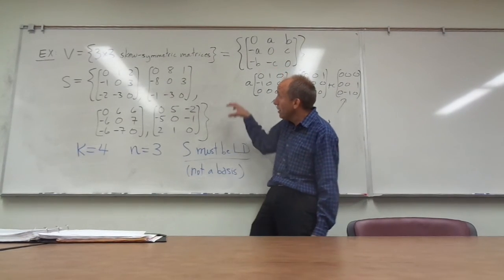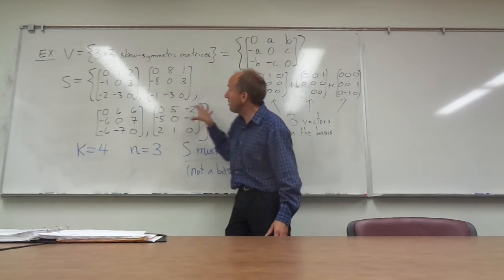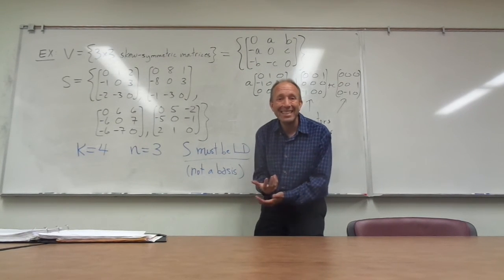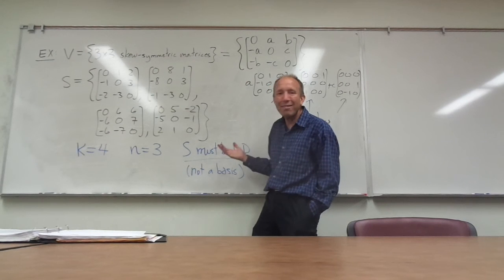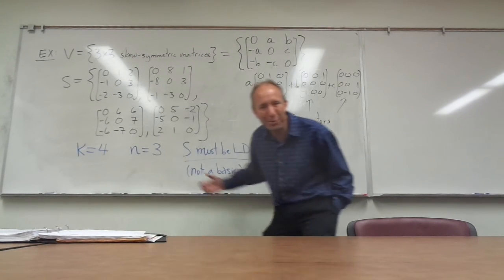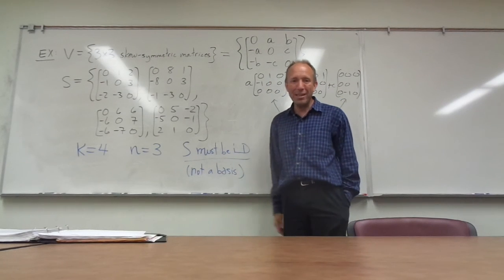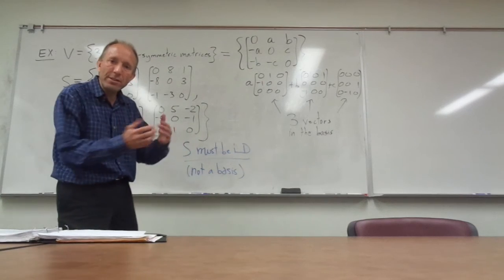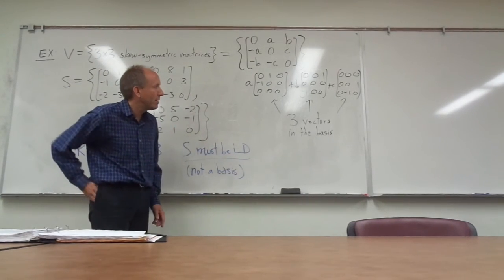And by the way, to find the linear dependency among these matrices, we would also have to do a fair bit more work. We're not going to do that right here. We're just going to say, look, we can count, 4 is bigger than 3, so the vectors have to be linearly dependent.